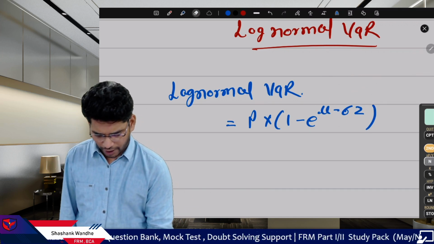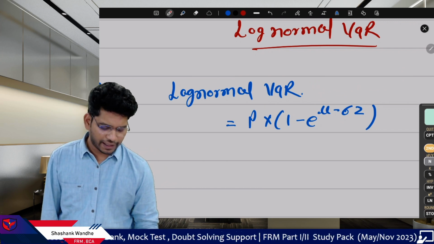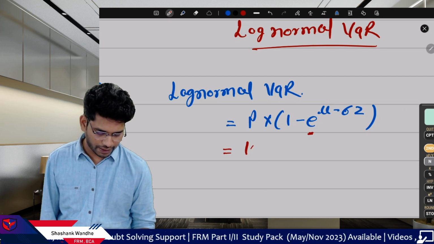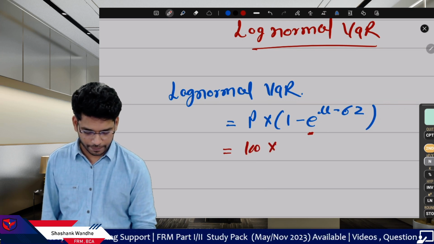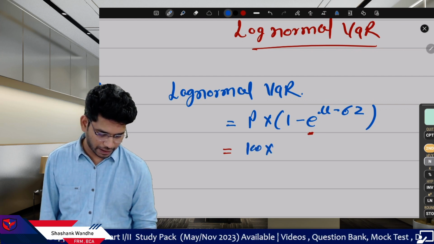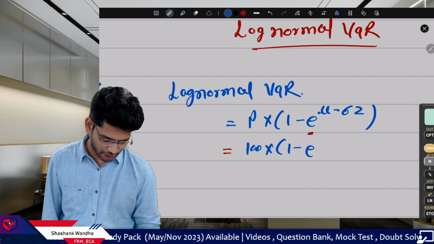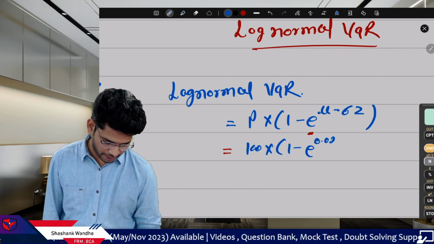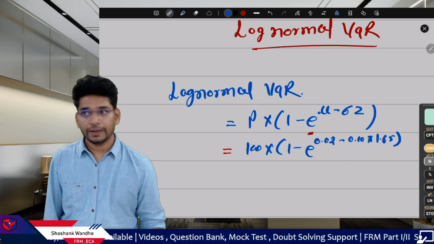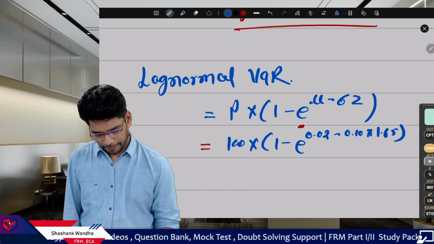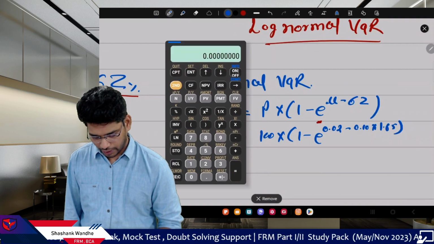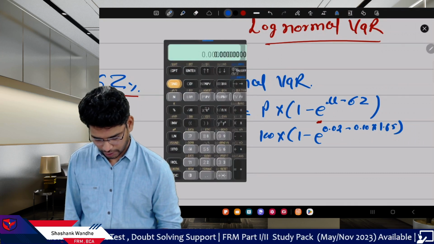Now you have to use these values. Simply put them in the exponential, minus 1, multiplied by your portfolio value. Let's assume our portfolio value is 100. So 100 multiplied by 1 minus e to the power of, let's assume a return of 0.02, standard deviation of 10% multiplied by 1.65. Now we'll use our calculator.